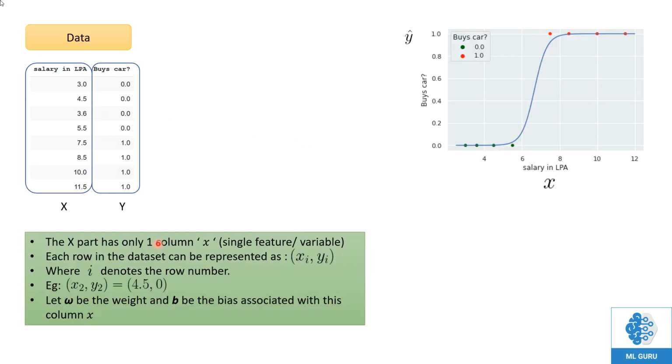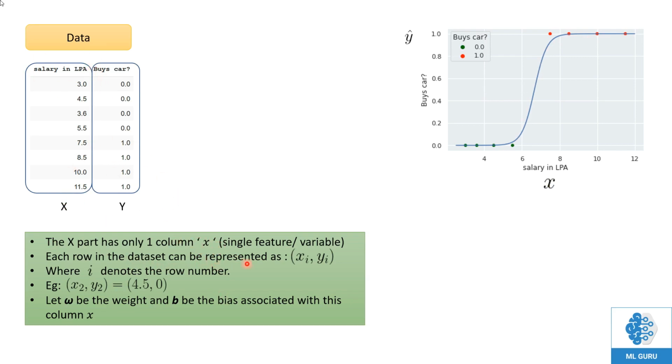Now see here, this was our data, this is our x part and this is our y part. And here I have, in the graphical form of this tabular data, fitted a sigmoid function. Now let's look at some notations. Here x contains just one column. We denote this column by x. Here x means the input, which denotes the salary in LPA.